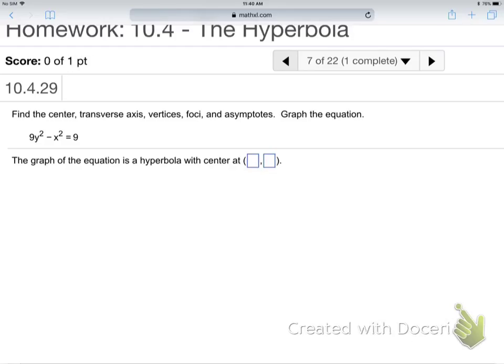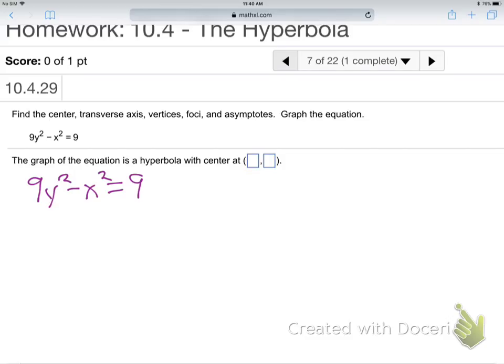Okay, so there's our equation. 9y squared minus x squared is 9. And they want everything from us. So what should we do first? It doesn't have the look we need to graph it. What look does it need? y squared minus x squared, and the right side has to be? 1.